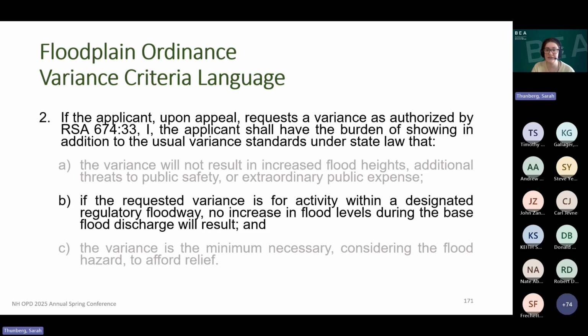In most cases, alternative locations for the proposed development are available outside the limits of the floodway. Other actions may also be taken or required as a condition of approval to compensate for increased flood levels, such as requiring the applicant to install flood control measures to accommodate the increased discharge.